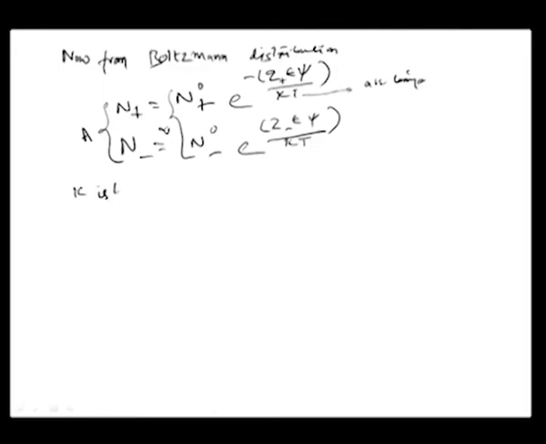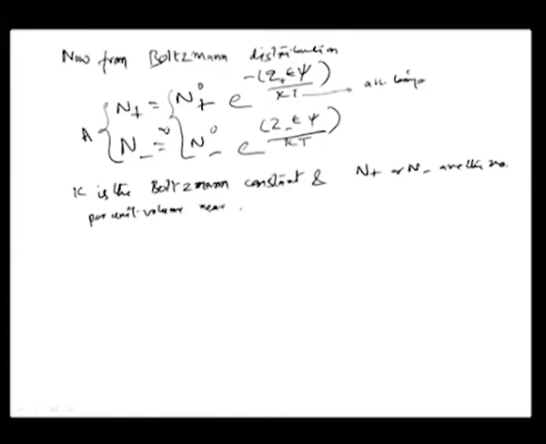So, k is the Boltzmann constant, and n plus or n minus are the numbers per unit volume near or at A, n plus 0, n minus 0 are numbers per unit volume at infinity, or at infinite distance.